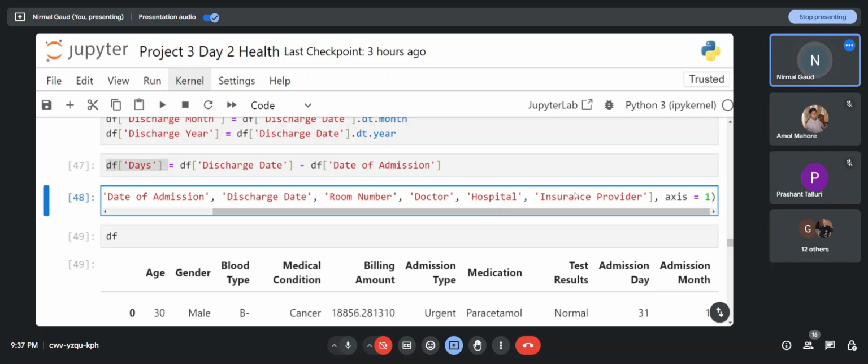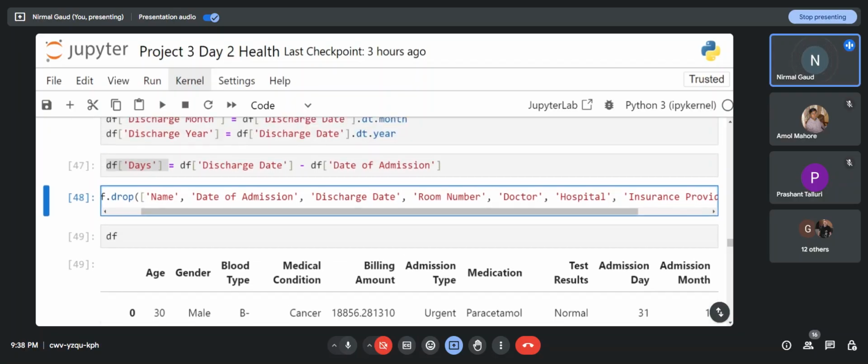Hospital is a name. Insurance provider is a name. They are not contributing to your biological factors, not contributing to the disease. Okay. Also, discharge and admission, I already created other features from them, so I'm not considering. Name of the patient is also not considered. Room number is not at all considered.